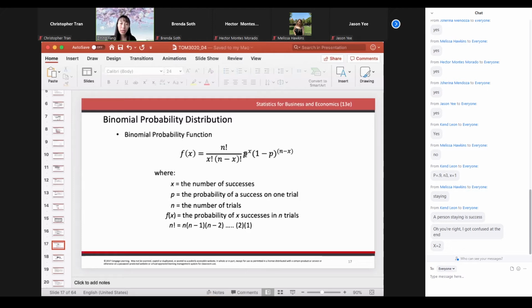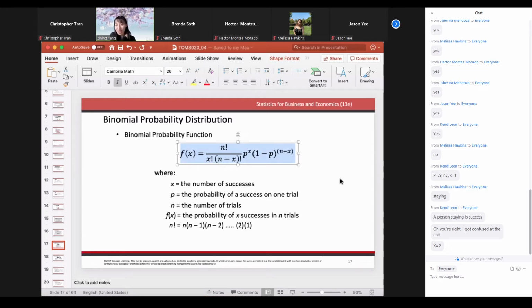And then p raised to x, that would be 0.9 raised to the 2nd power. 1 minus p raised to n minus x would be 0.1 raised to the 1st power. This whole calculation. So yes, that's one way to do it.